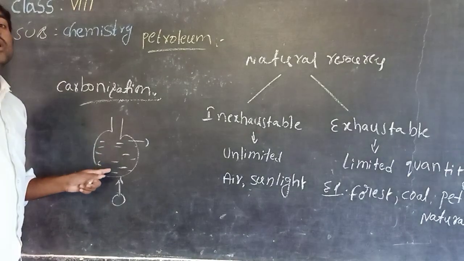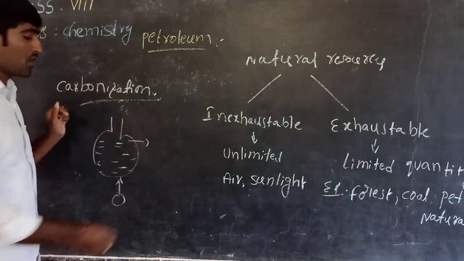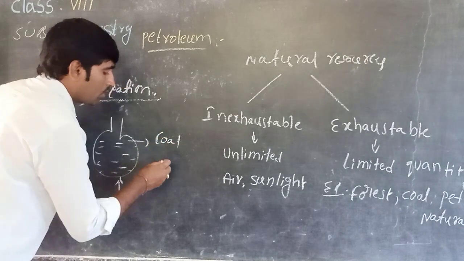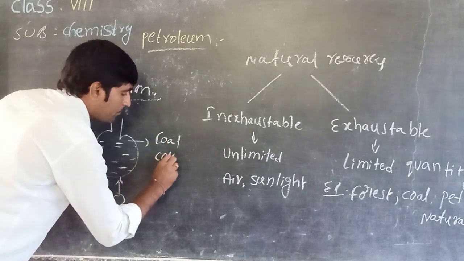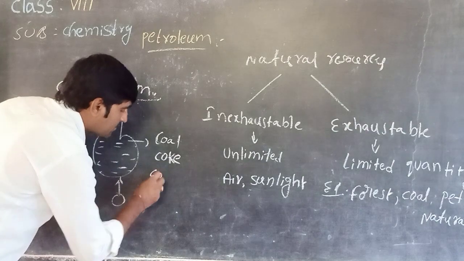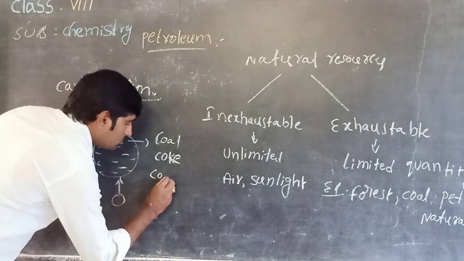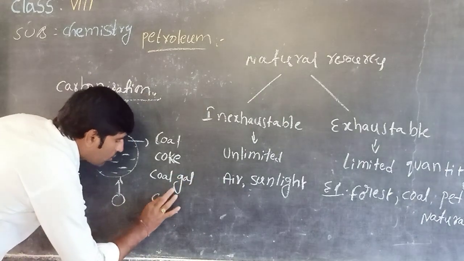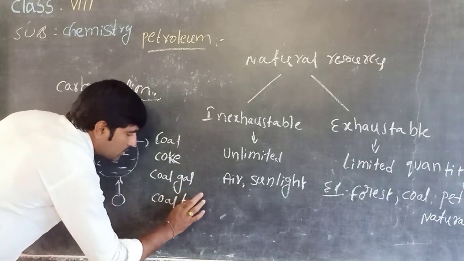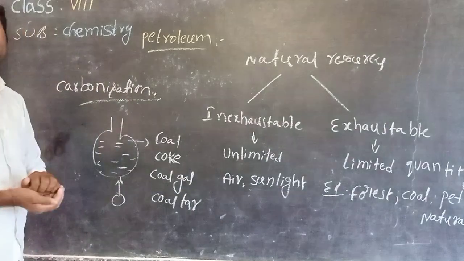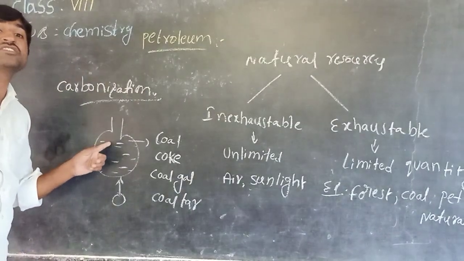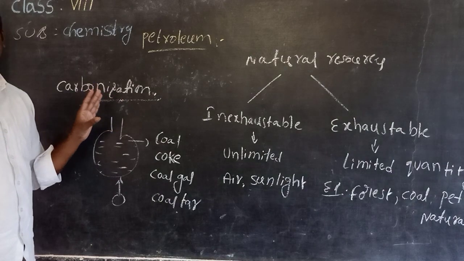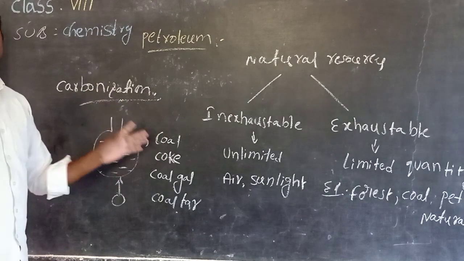From this raw material, we are getting different products like coke, coal gas, and coal tar. These are the products we are getting from the coal by sending it to the destructive distillation process. This is the story about the formation of coal and the different products we are getting from the coal.